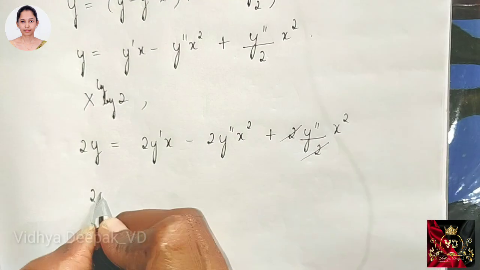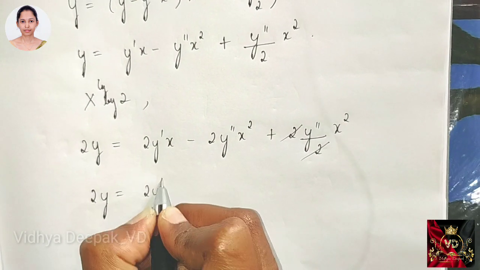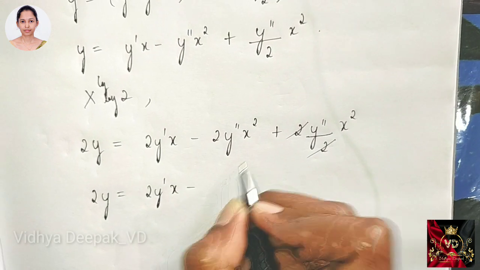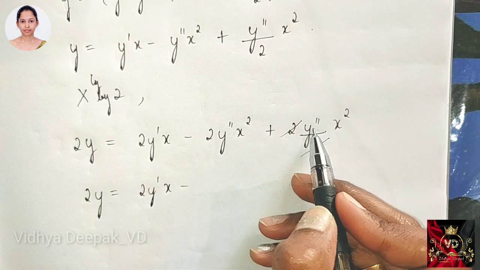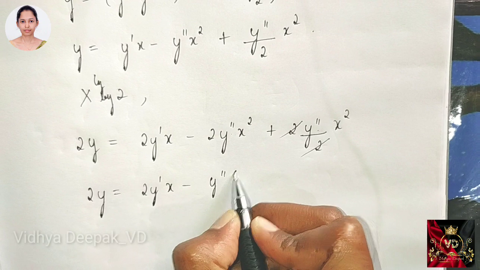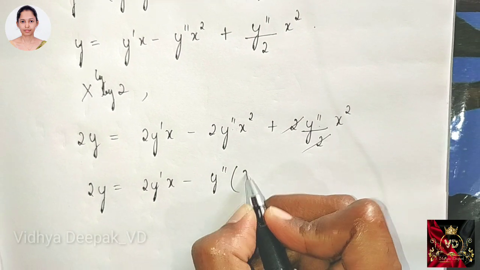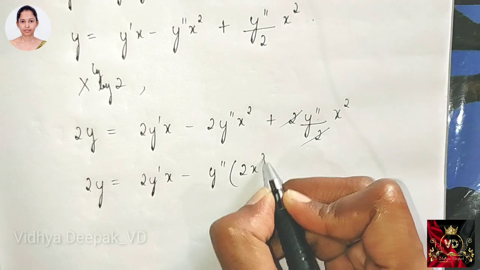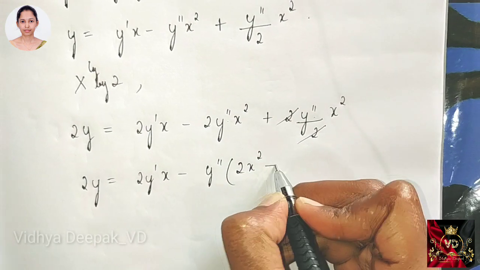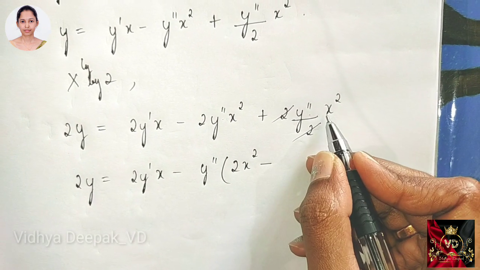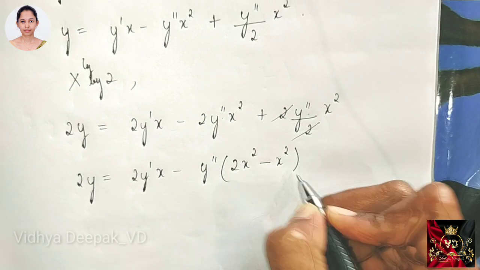So what do you have? 2y is equal to 2y dash of x minus, if I take y dash common from these two terms, what is remaining? And also minus common outside. Remaining numbers here is 2 into x square plus into minus, what is remaining here? x square.